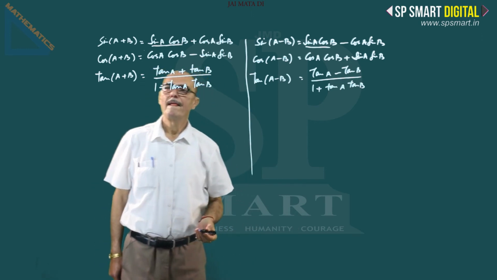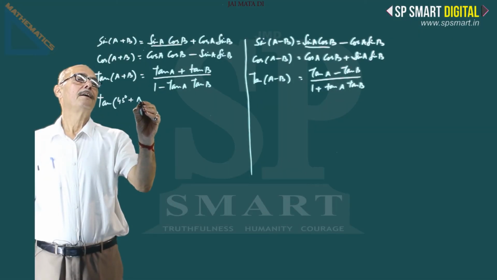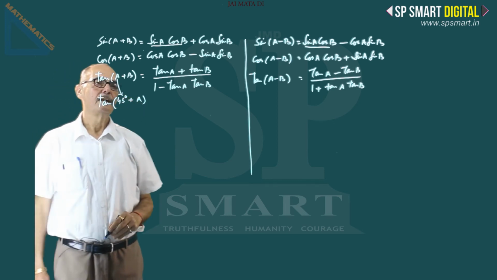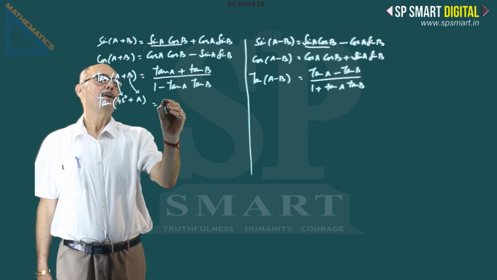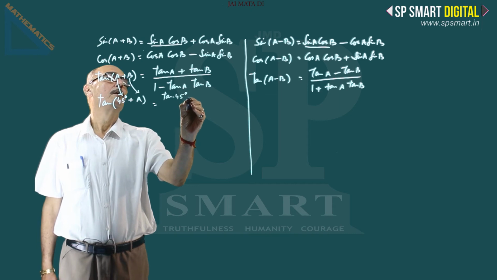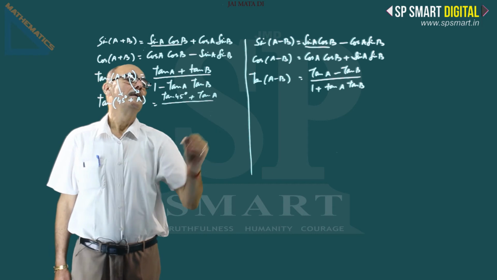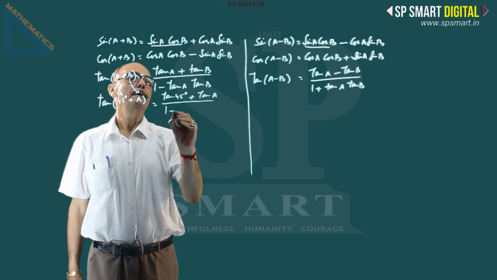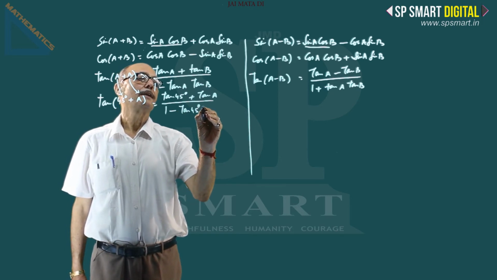Then, tan of 45 degrees plus angle A, that means A is replaced by 45 and B is replaced by A. So, we have tan of the first angle plus tan of the second angle upon 1 minus tan of the first angle, tan of the second angle.